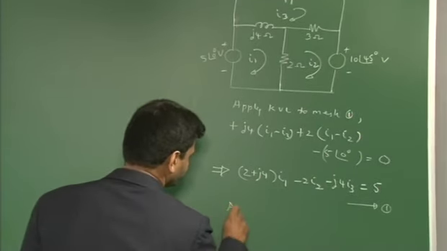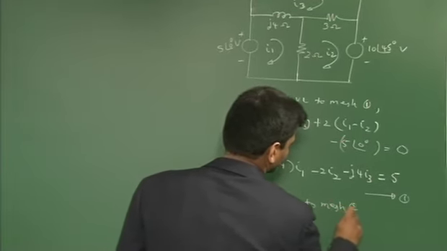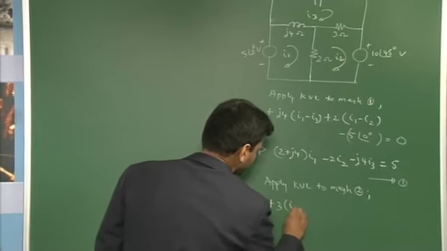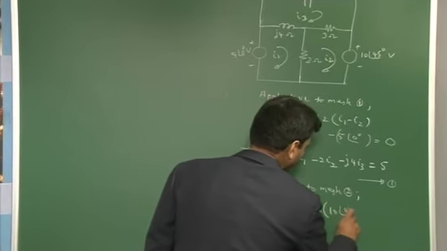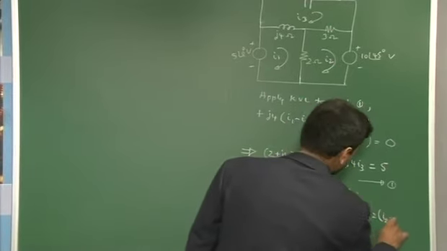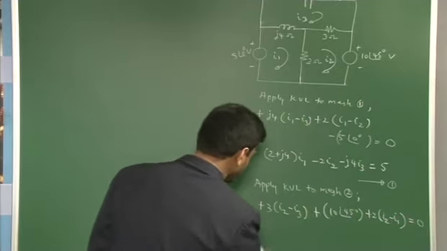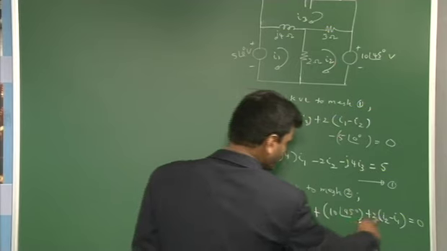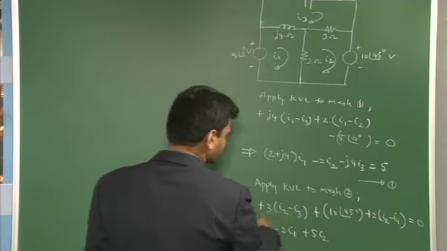Now apply KVL to mesh 2. Let us start from here: plus 3 into (I2 minus I3), then plus 10 at an angle of 45 degrees, then plus 2 into (I2 minus I1) is equal to 0. Now arranging the terms properly: minus 2 I1, then 3 I2 plus 2 I2 is 5 I2, next minus 3 I3.